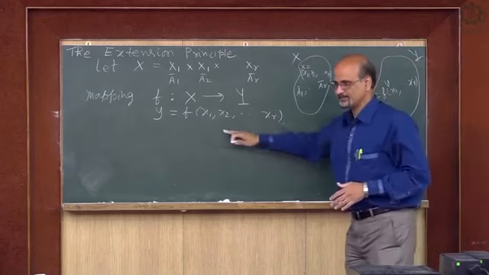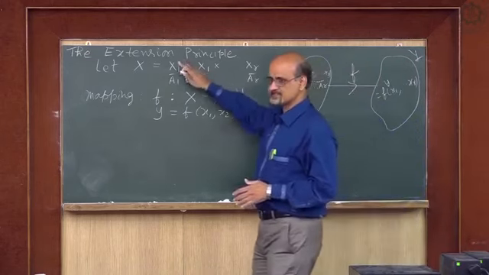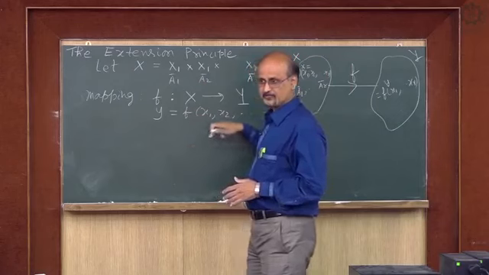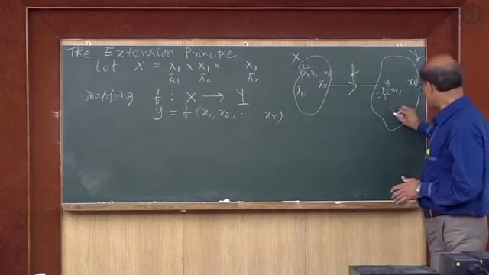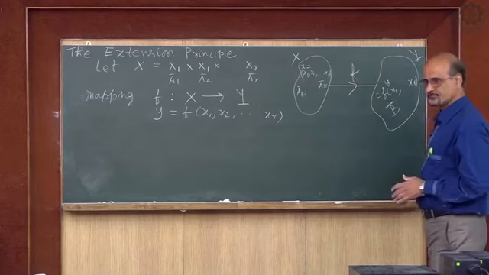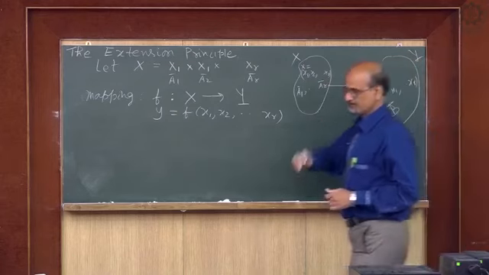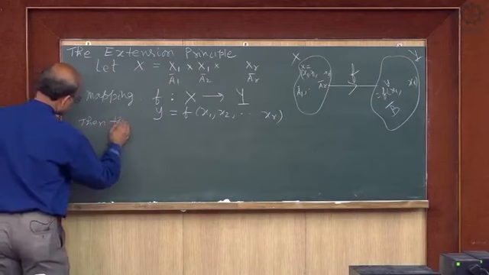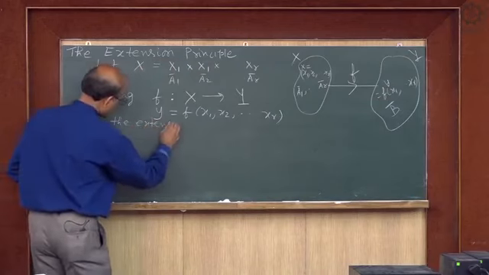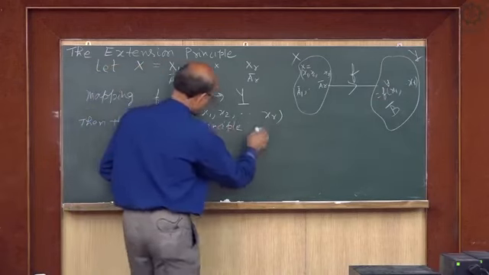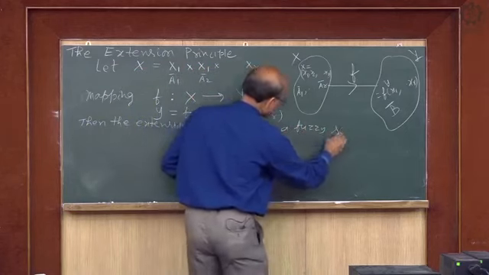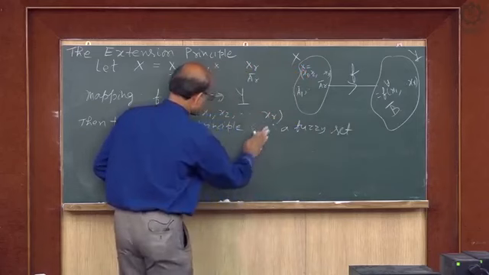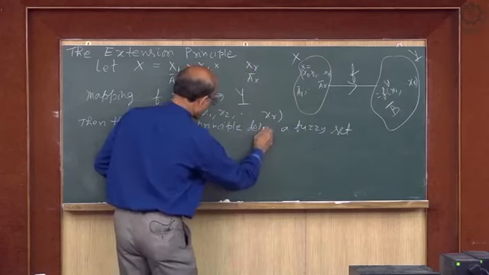Now if we define this, then the extension principle introduces a fuzzy set B bar here.